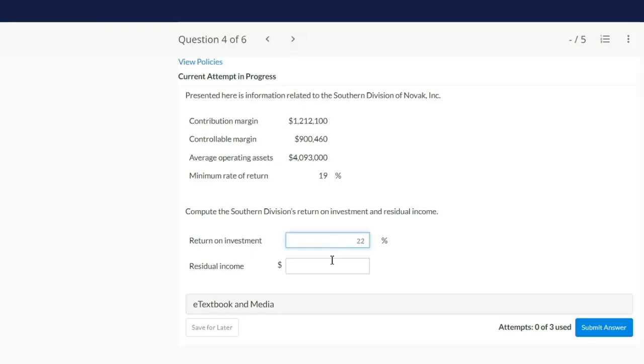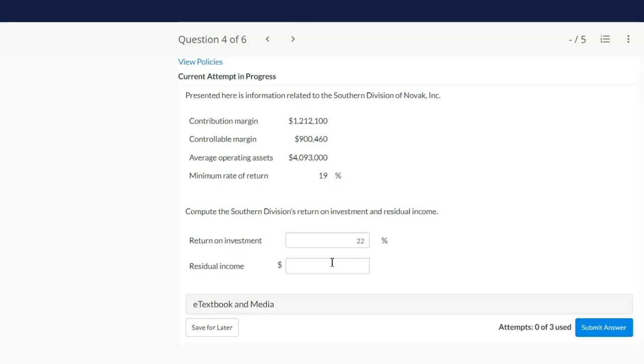Okay. Residual income. Can someone remind me? Take the average operating assets and multiply by the percentage they give us, the 19%. Very good. First we take average operating assets times 0.19, getting 777,670.